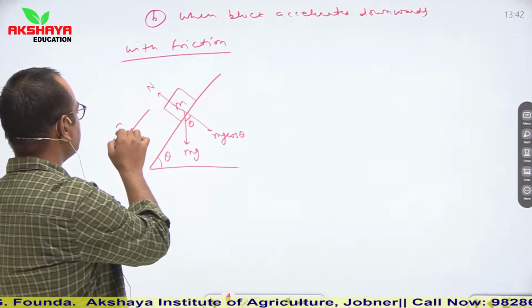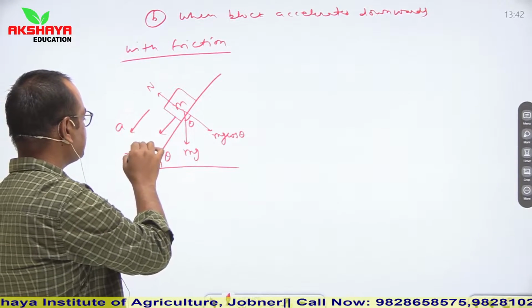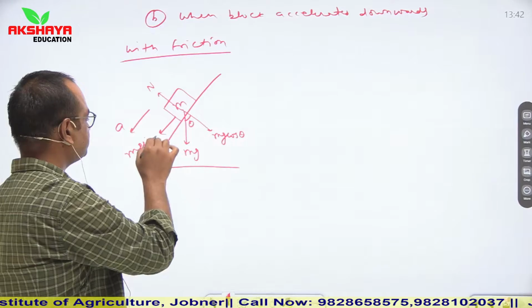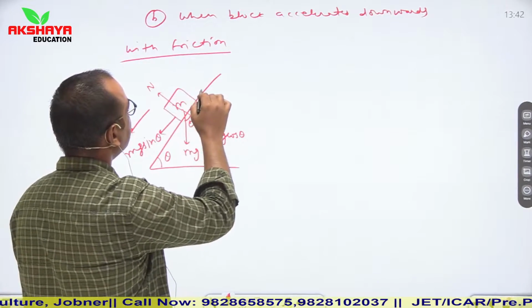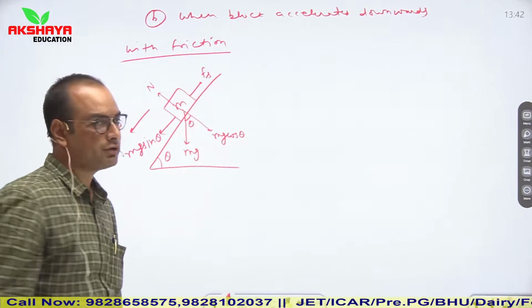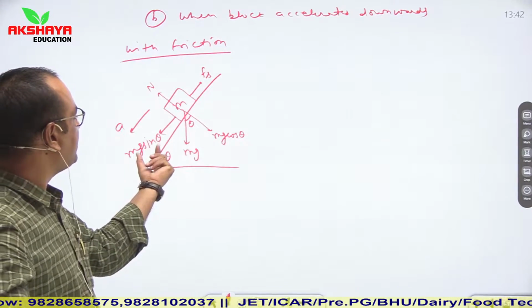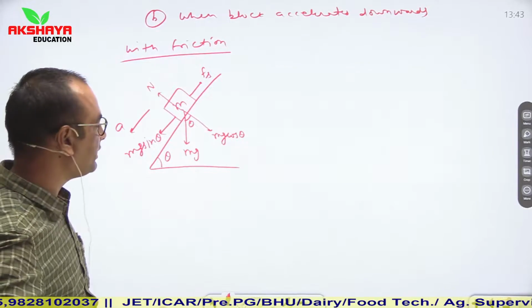So this is the direction of acceleration. So this component is mg sin theta. Now see, with friction means frictional force in opposite direction, Fs. So in this condition, mg sin theta is greater than this frictional force. So this block will move in downward direction.